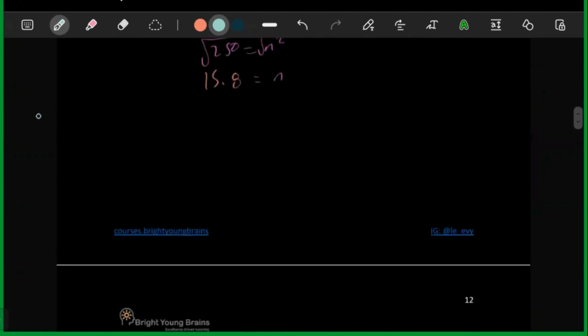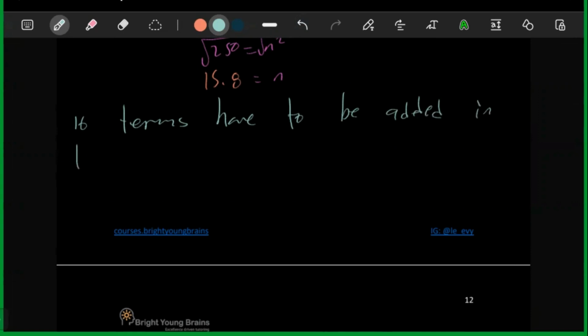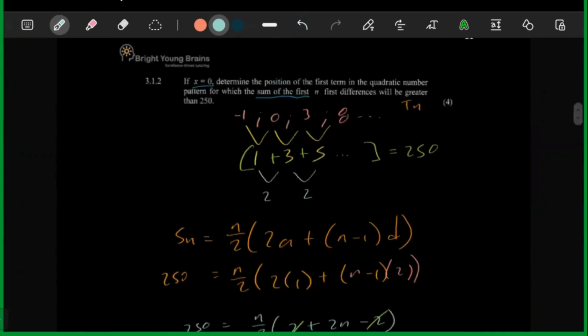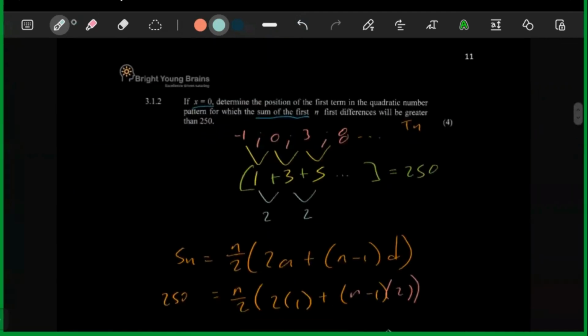So let's see here, 16 terms. Terms have to be added in the sequence of first differences. Me writing 15 here that time was purely a coincidence.